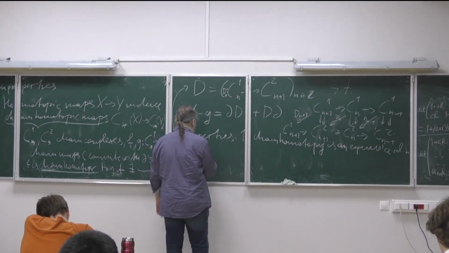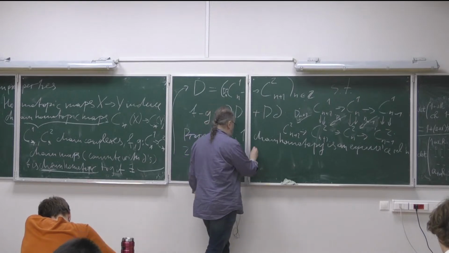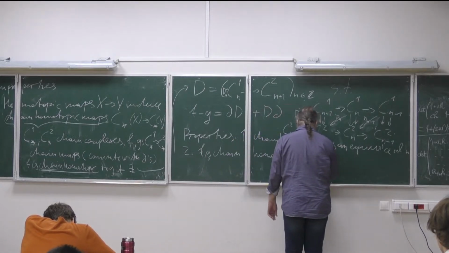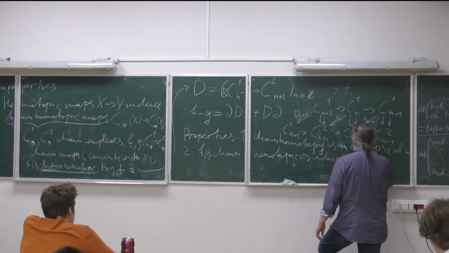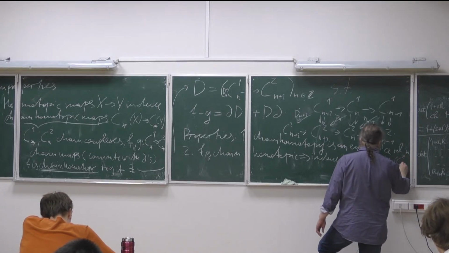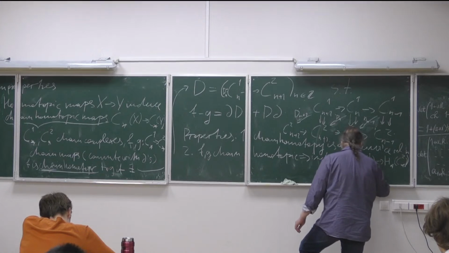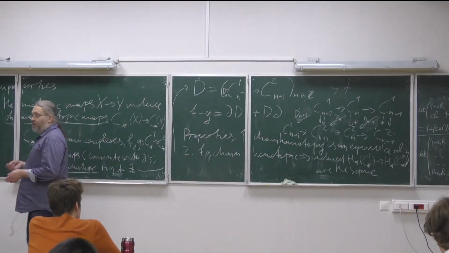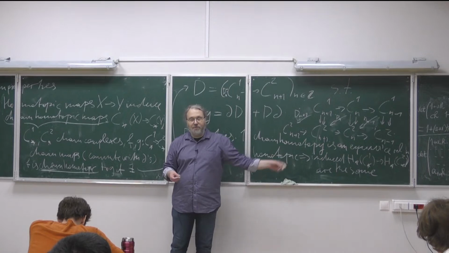So the second property: if chain maps F and G are chain homotopic, then the induced maps of the homology groups are the same.